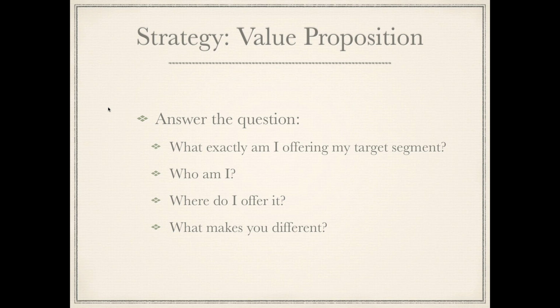Once you've identified your target segment, fans of X team, or basketball fans in particular in the area, and what your fan persona is made up of, now you're answering, so what exactly am I offering them in my strategy for meeting my objective?